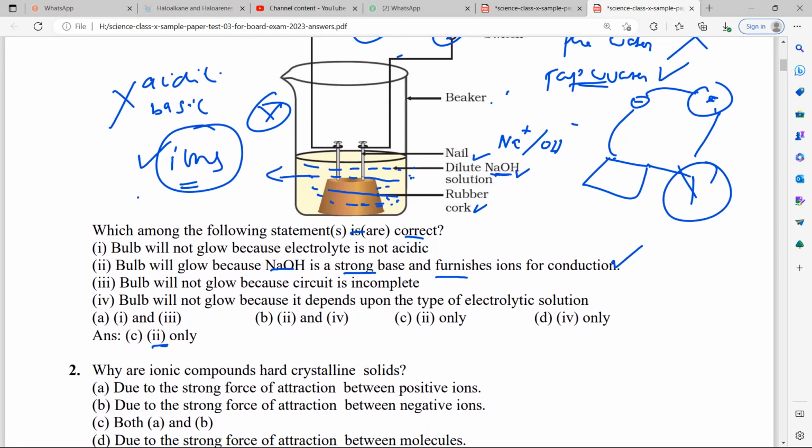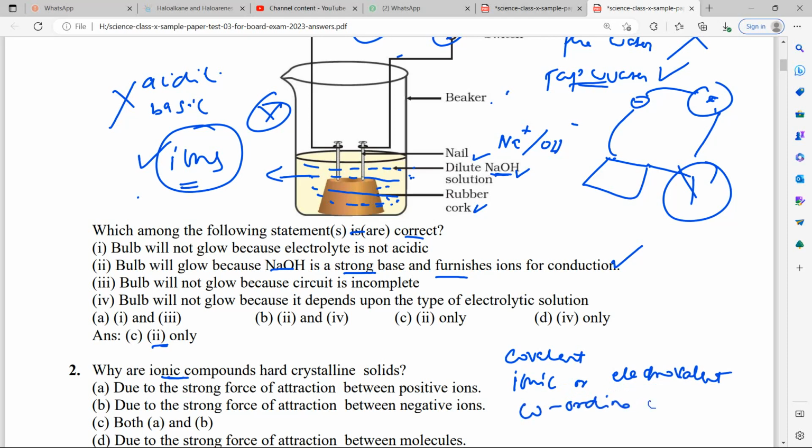Four options are there. First of all, what is an ionic compound? We have seen covalent compounds, ionic compounds, and coordinate compounds. Do you remember? Covalent, ionic or electrovalent, and coordinate.